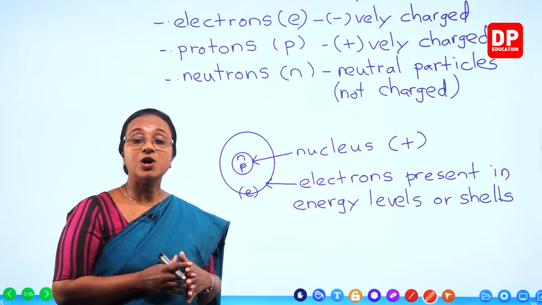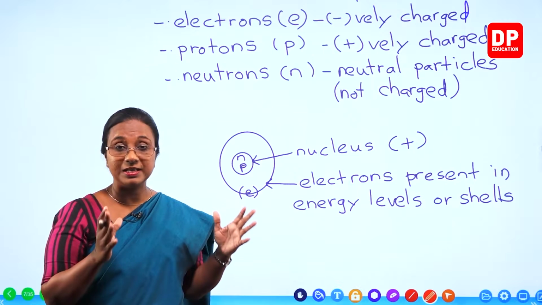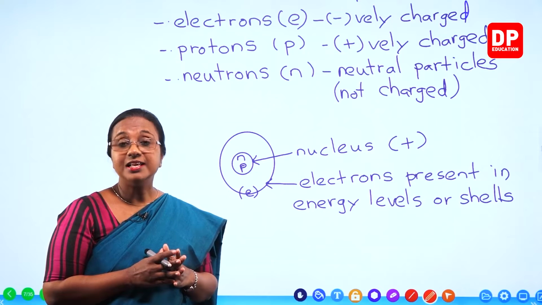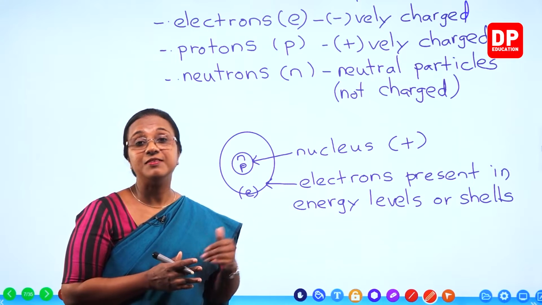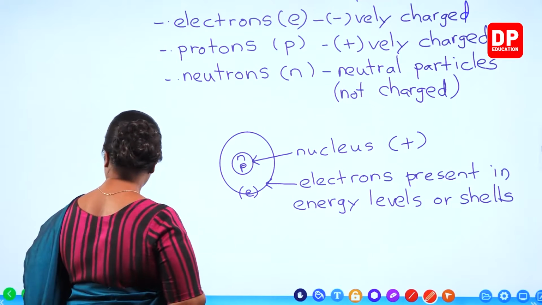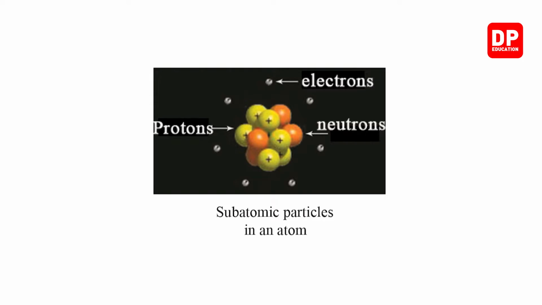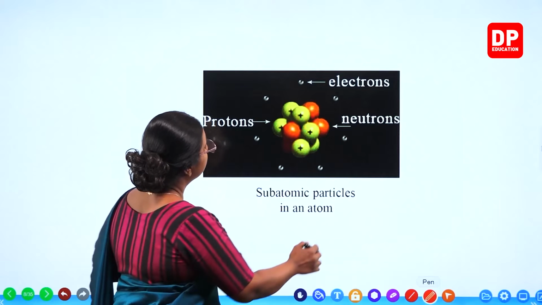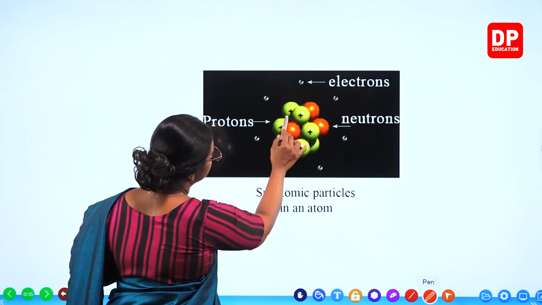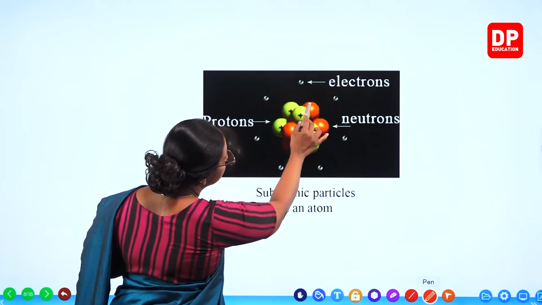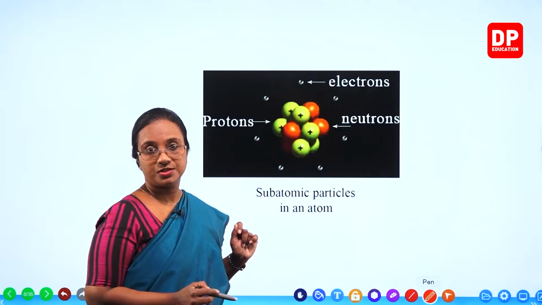Again, in the next slide also, there is a diagram, a figure regarding this structure of atoms. We will discuss that and then we will continue with the rest of the slides. So here you have the structure of atoms. Here you can see this is the nucleus where you have the positively charged protons and the neutral neutrons.